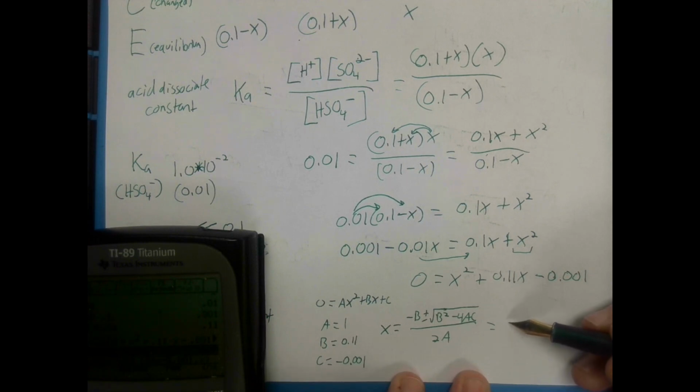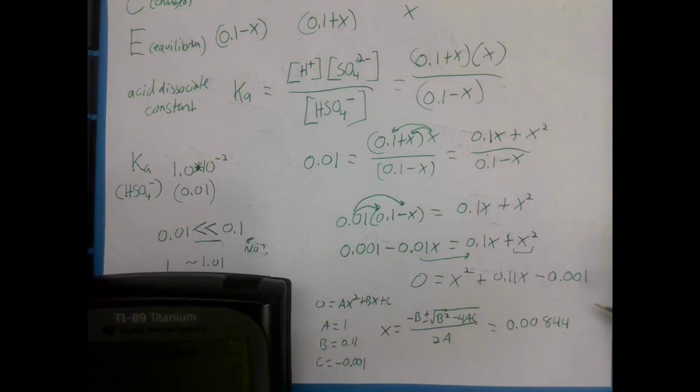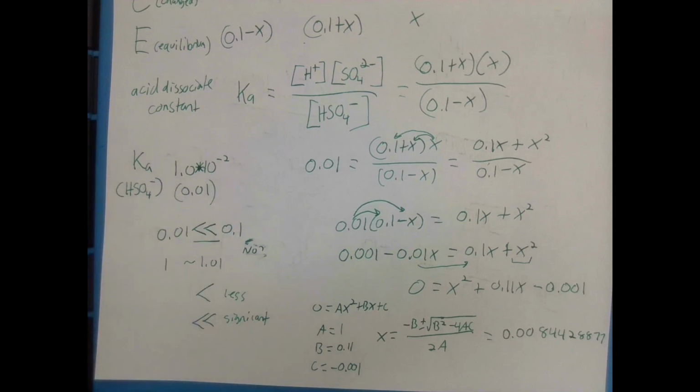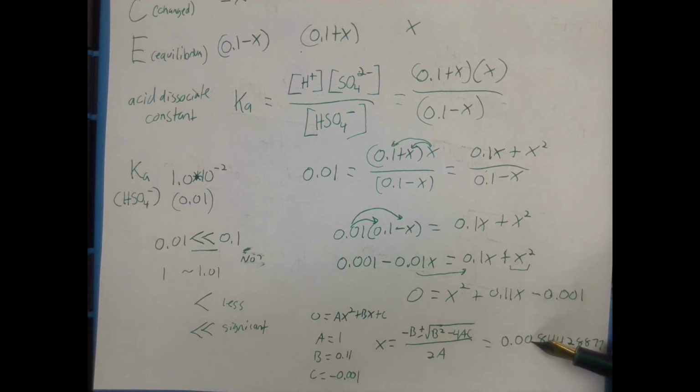So I get a response of 0.00844. Actually, I'll just keep it in. So 0.00844288877. Good.